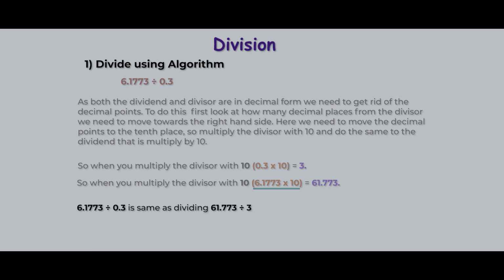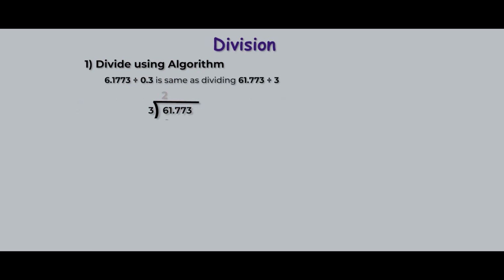So, let's divide now. 3 times 2 is 6, you have 1, and 3 can't divide 1 here. So, 3 times 0 is 0. So, you take down 1. Now, you come across the decimal point, you put the decimal point, then bring down the 7. 3 times 5 is 15. So, when you subtract, you get 2 and bring down the 7.